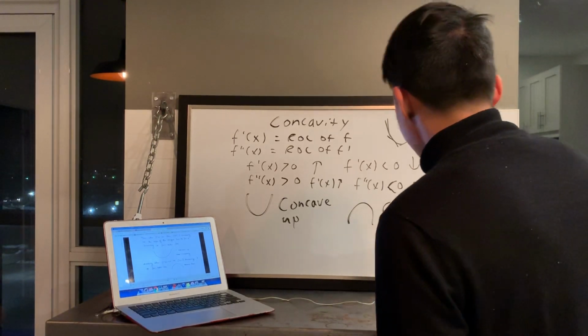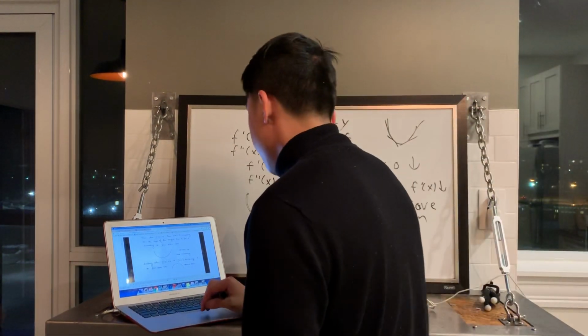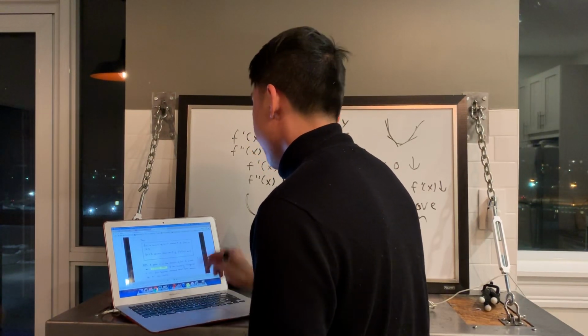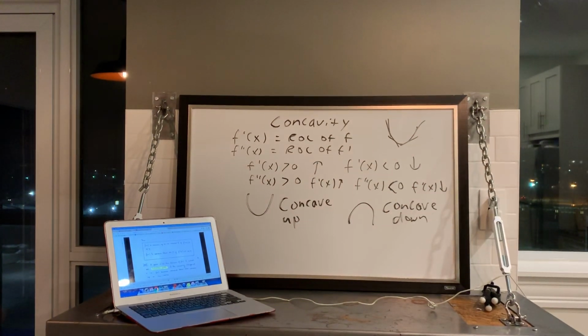Okay. So that's what it says in the notes: if f double prime of x is greater than 0, it's concave up. If f double prime of x is less than 0, it's concave down, basically.